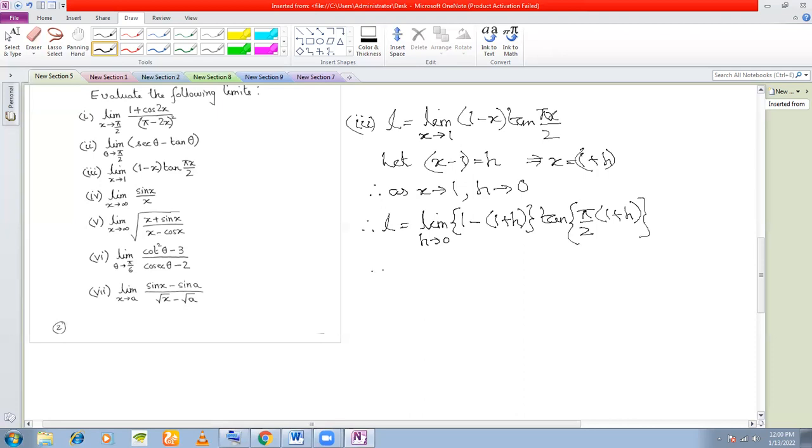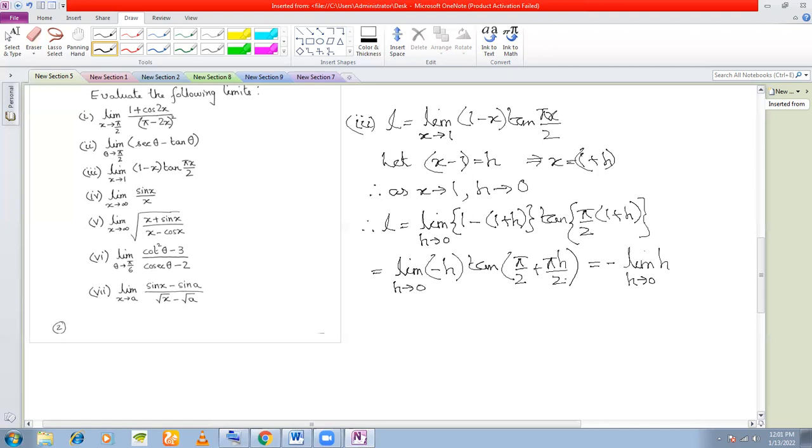Now we simplify this a little. Limit h tends to 0, you get a minus h, and you get tan, if you multiply pi by 2 throughout, you get pi by 2 plus pi h by 2, right? And now you can take this negative sign out of the limit, minus limit h tends to 0 of h.